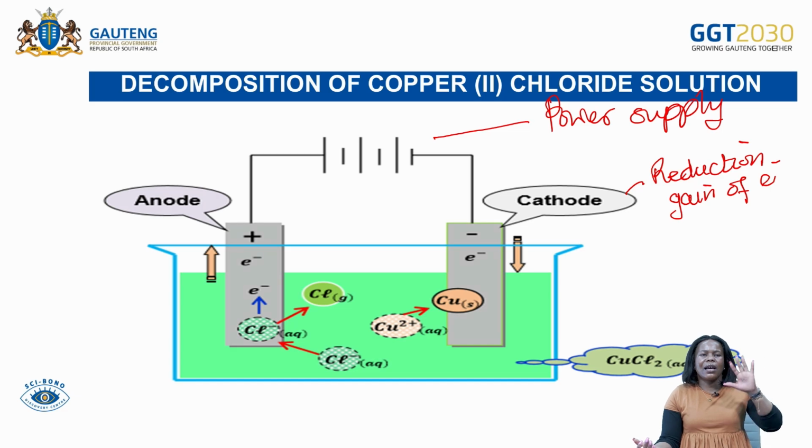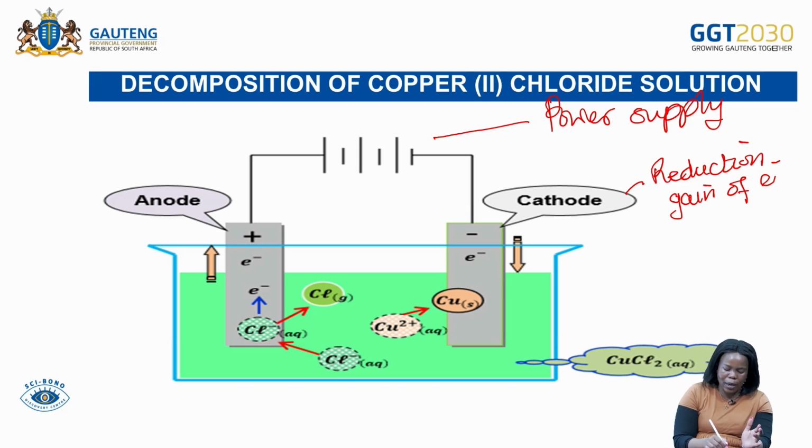And then you look at the other one, the anode. What do you remember from what we spoke about? An anode is an electrode where oxidation takes place. What is oxidation, you ask yourself? It is the loss of electrons.